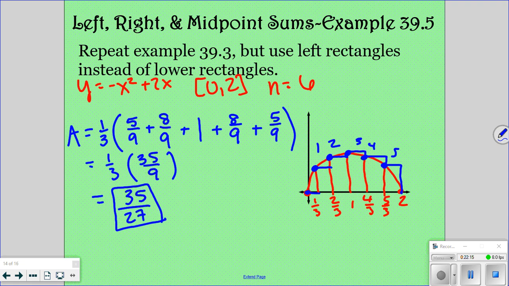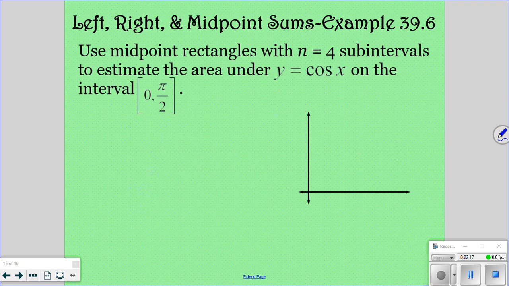Okay, so now we're going to look at one more, and it's dealing with midpoint rectangles. So we have y equals cosine of x from 0 to pi/2. Cosine hits a maximum at the origin, and we're going from 0 to pi/2. So that's pi/2, where it crosses the x-axis the first time.